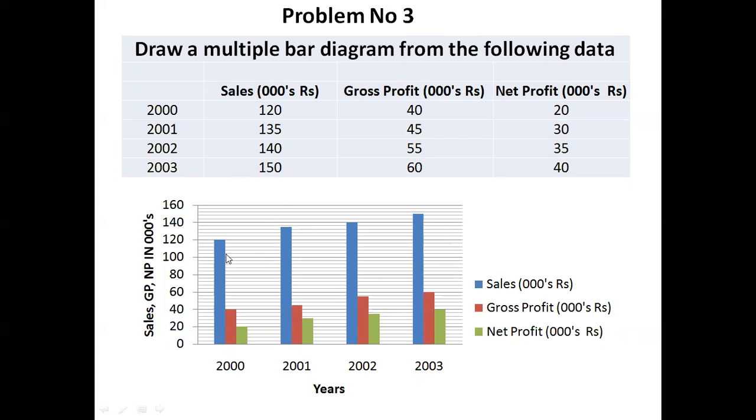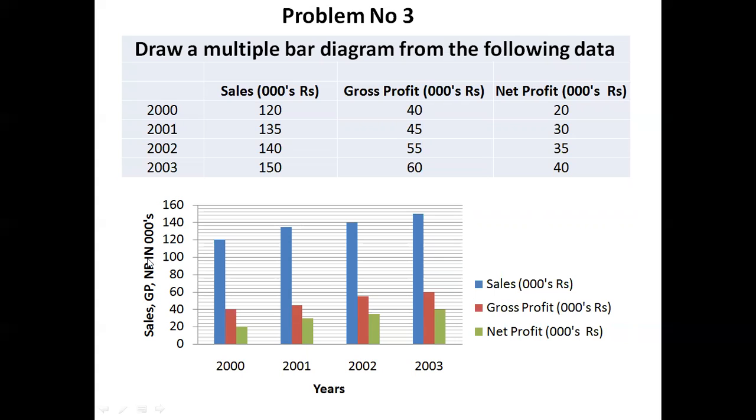So we have to take the scale based on that. The scale should always be taken in a uniform way. Once you start at zero, the next data should be 10, 20 like that, or if you take the next data by 20, the successive data should be taken in a difference of 20 only.